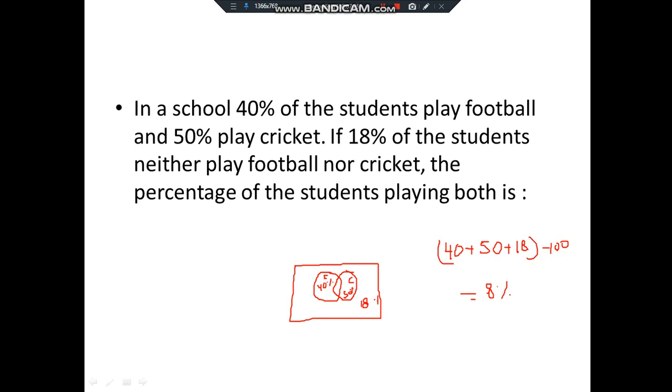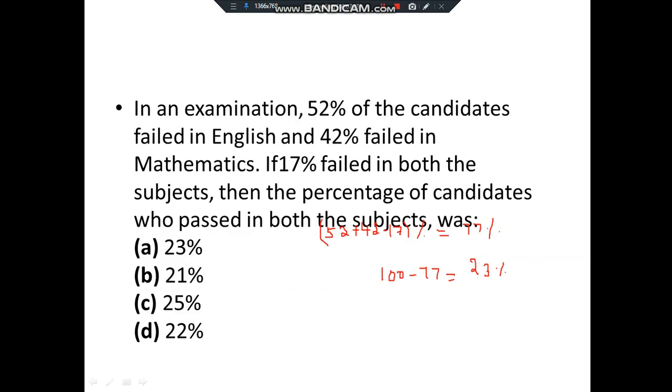See, next question. In an examination, 52% of the candidates failed in English and 42% failed in mathematics. If 17% failed in both the subjects, then the percentage of candidates who passed in the subjects was? Previously, we have seen two different things, and the third thing is they are neither.